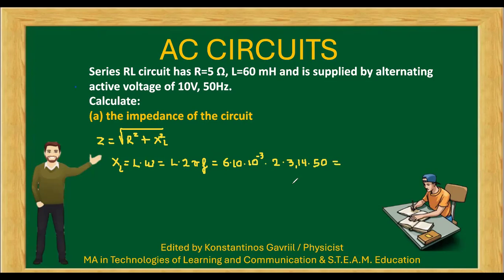So here we have 2 times 50, which is 100. So this product here gives me 314.